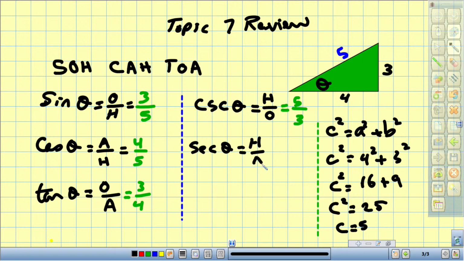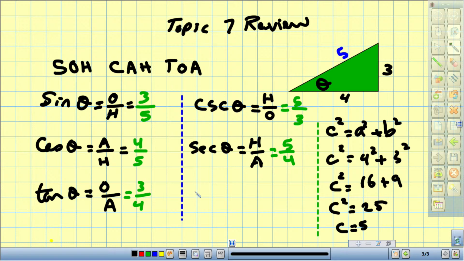So basically just do the reciprocal of these, and you should be fine. Can somebody give me the secant? Five over 4. Yep. 5 over 4.